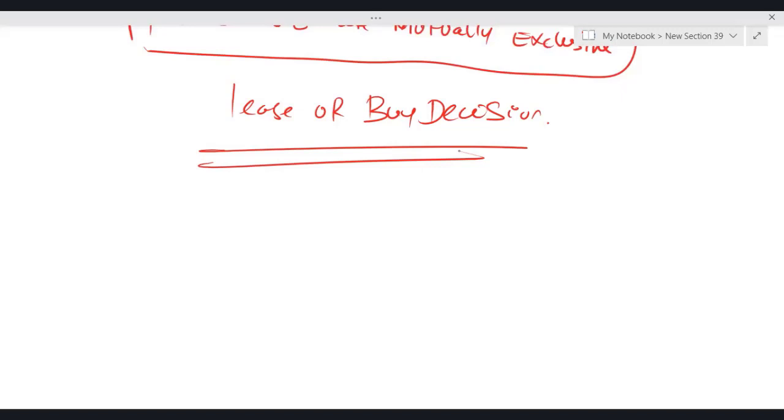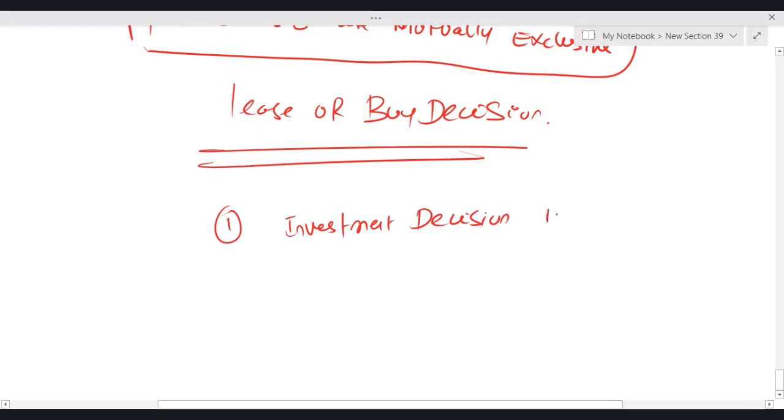Number one is investment decision. Actually, if the project is giving us positive NPV, then obviously we are going to make investment. So the first entity will have to make an investment decision. Do they want to make investment? The answer is yes. Then the second question is source of finance.